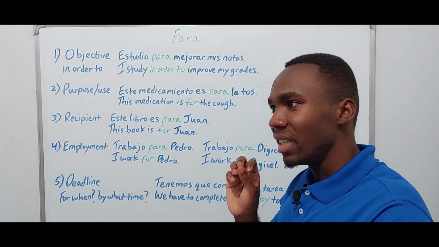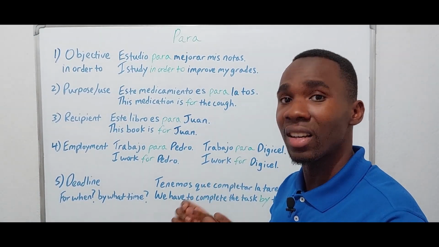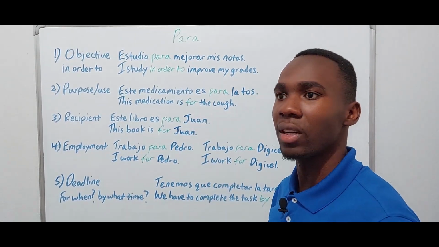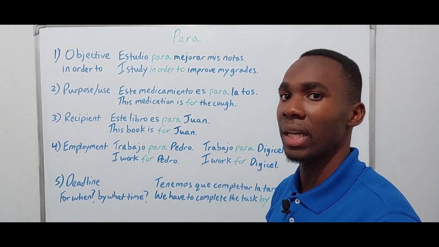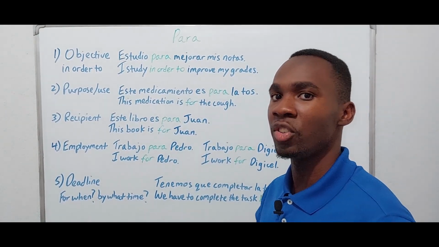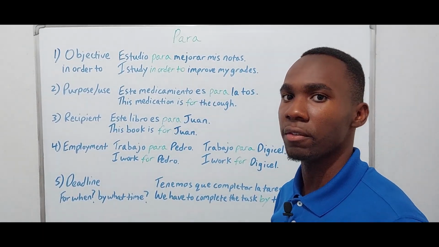And the lines and the differences between them can be very subtle. So this theme, like I said, oftentimes would cause the most confusion when it comes to por and para. But para is going to give you an objective, and it is going to be followed by an infinitive. Okay?